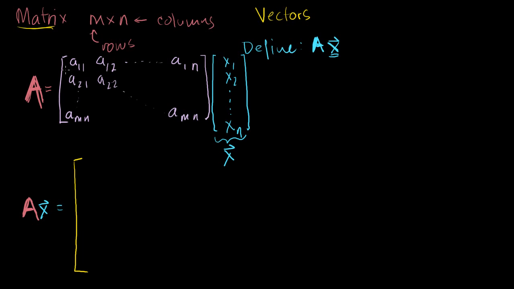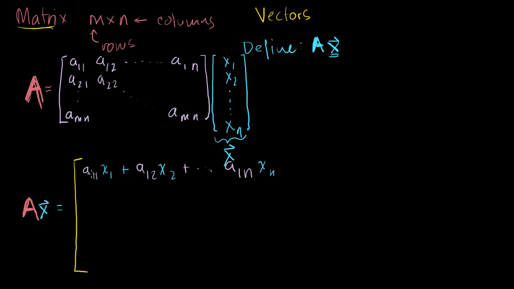We're going to show you that there are multiple ways to visualize this, but it's going to be A11 times x1 plus A12 times x2, all the way to plus A1n times xn.